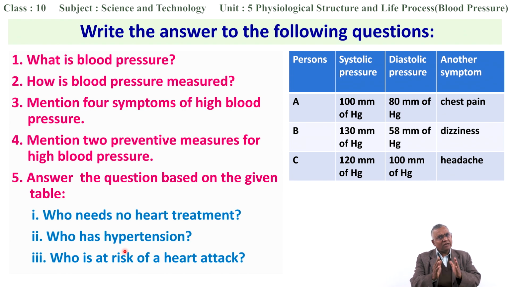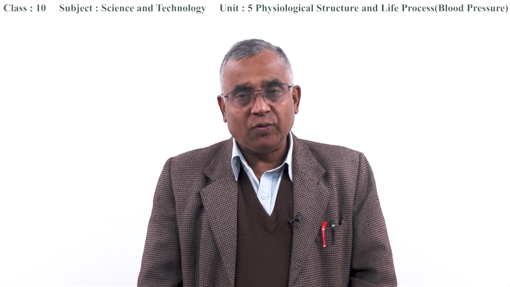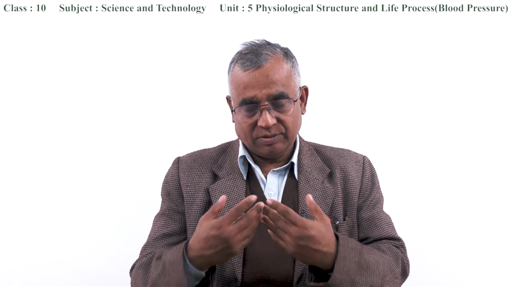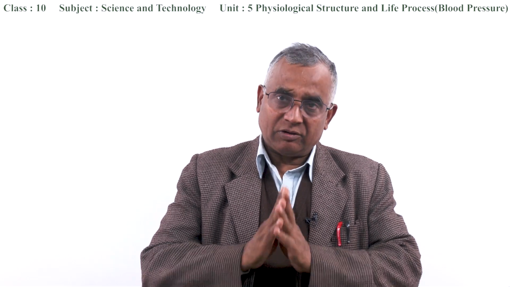What is the relation of heart attack with blood pressure? You did it in heart attack. The person who has high blood pressure is at the risk of what? Heart attack. So again the answer is C. Okay students, so today I think you enjoyed the lesson. Next time I will come with some more about this lesson. That's all. Namaste.